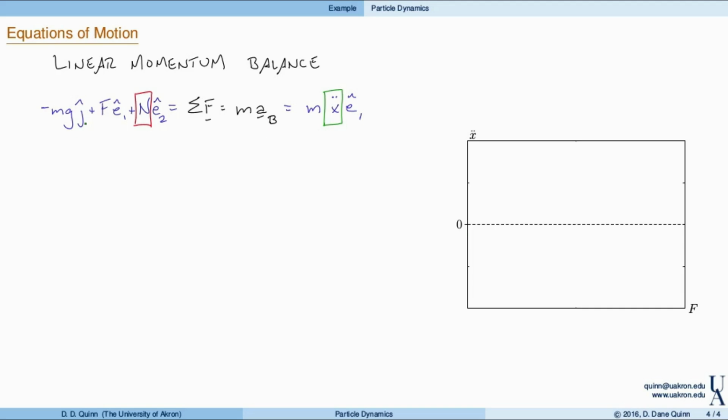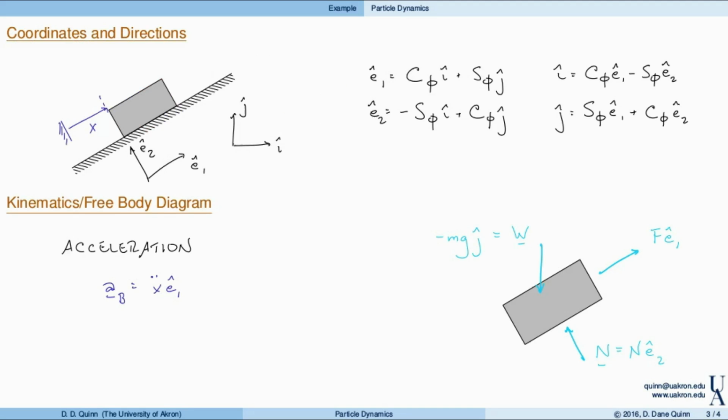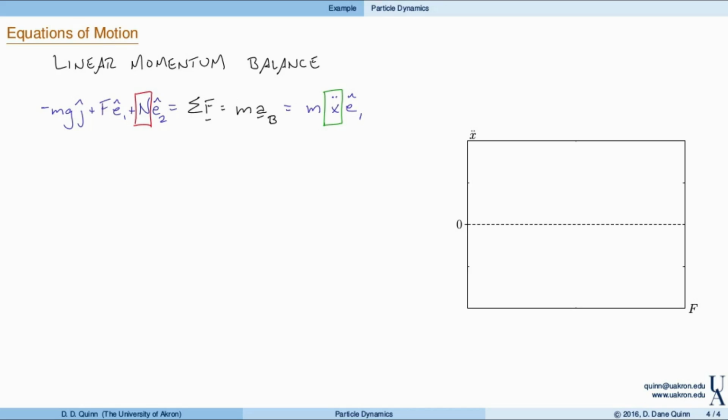So let's go ahead and write j in terms of E1 and E2, and then take components in those directions. So looking back at our previous work, j was sine phi in the E1 direction plus cosine of phi in the E2 direction. So I will remind you of that. And then we'll take components in the E1 and E2 direction.